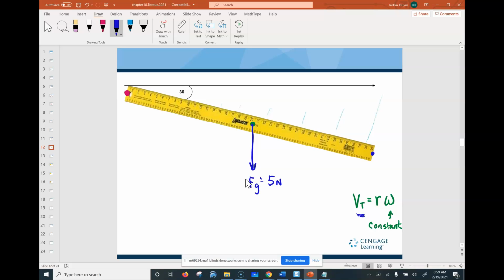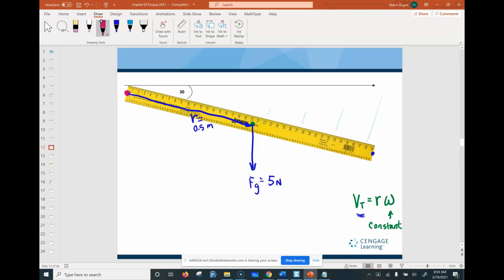Your R goes like so. That's your R. That's still 0.5 meters. But now we've got to make a decision. You can do it one of two ways.